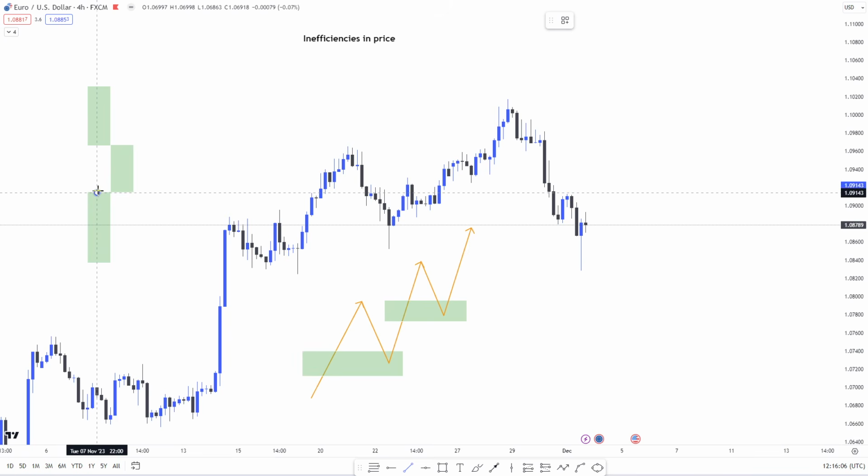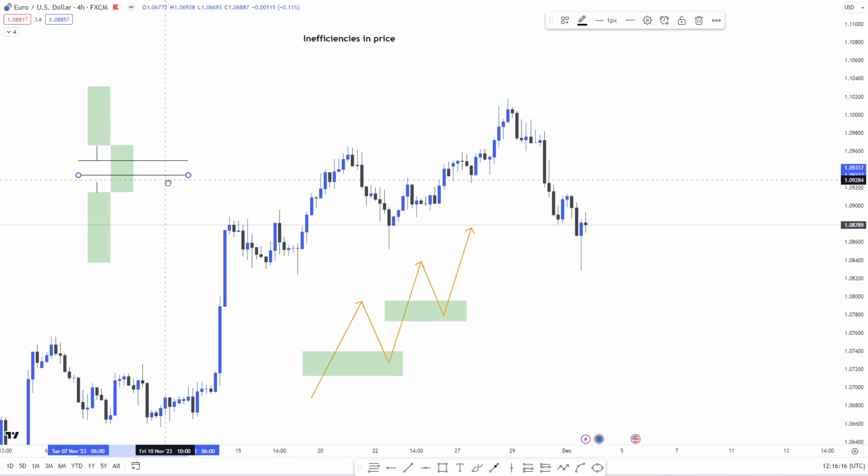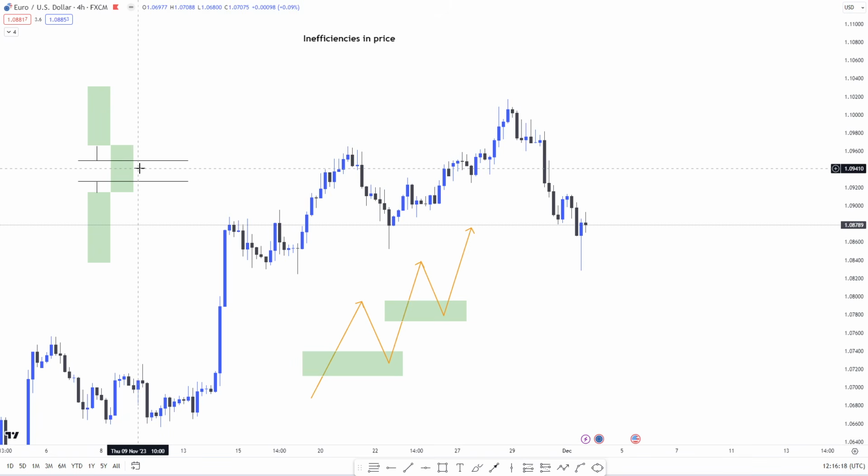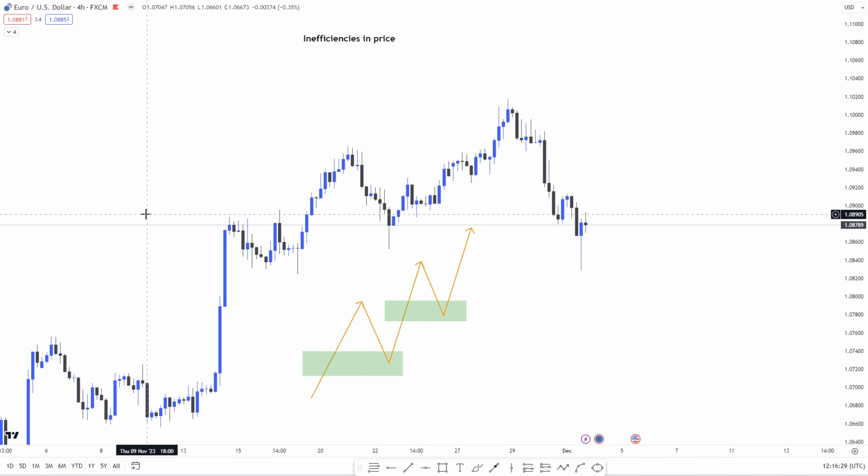We know that the wicks that are being left alone and that are created within these areas here, we know that is going to be a level of imbalance between that area there. We understand that. But what you have to understand is this here is a buy side imbalance. And if you were to invert it the other way, it would be sell side imbalance.